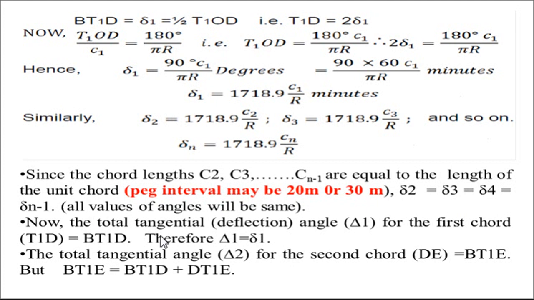Next, the total tangential angle or total deflection angle capital delta 1 for the first subchord T1D is equal to BT1D, that is capital delta 1 and small delta 1 are same for the first subchord.